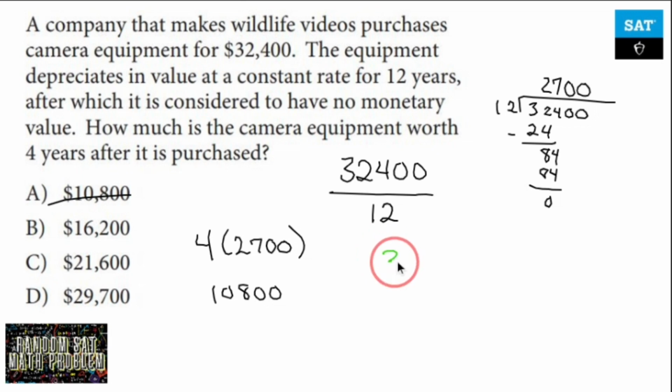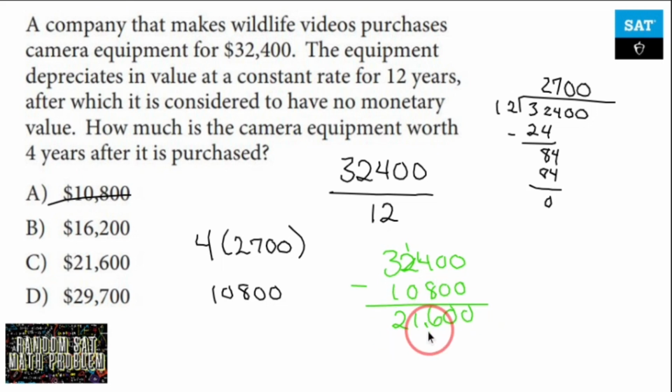So let's take the original value, 32,400, and subtract 10,800. $21,600 is how much that camera equipment is worth after 4 years of depreciation.